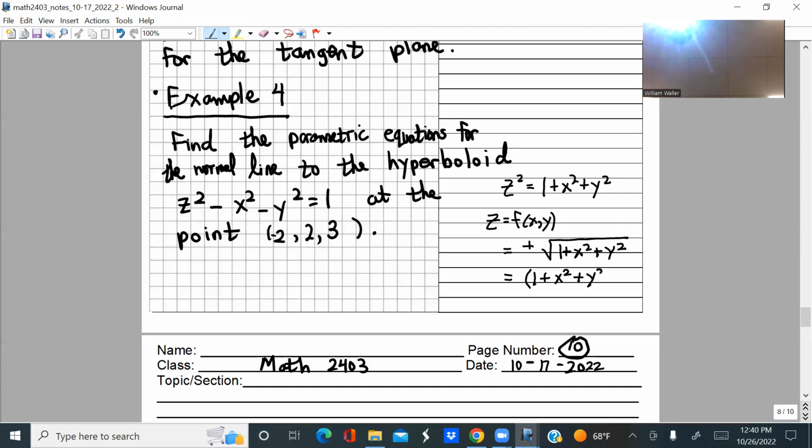Convert that to a fractional power, the 1/2 power. And that works beautifully, because the power rule for derivatives works just as well with fractions. So it's Newton. So that's great. Okay. So maybe we'll be able to calculate those partial derivatives.